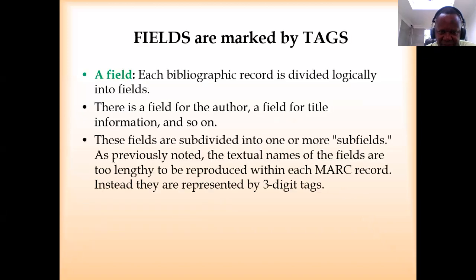But let me move to complete this. These fields are subdivided into one or more subfields, and we have seen this. So for the field 260, which is for publication details, we have 3 subfields: one for the place, one for the publisher, and one for the year. As previously noted, the textual names of the fields are too lengthy to be reproduced within each MARC record. Instead, they are represented by 3-digit tags.